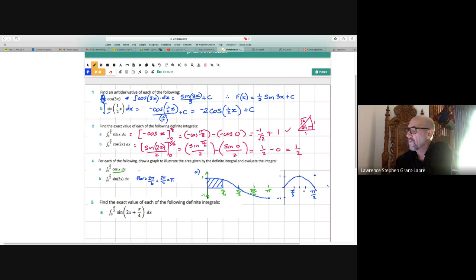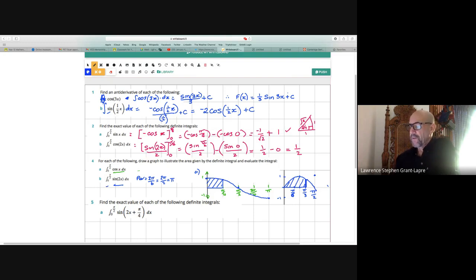A third of pi over 2 is pi over 6, 2/3 of pi over 2 is pi over 3, and we want from 0 to pi over 3, so that's this area here, above the x-axis to pi over 3, and that's the area from 0 to pi over 3 of sine 2x.